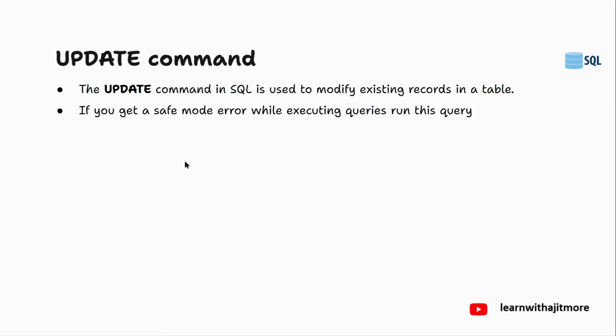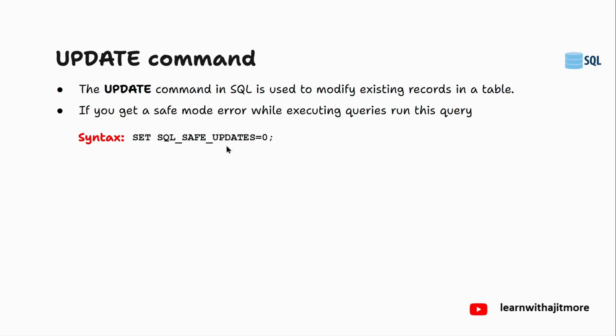It is enabled by default. And as it is enabled, it doesn't allow you to directly do this update. So you have to disable that. And in your machine, if you don't get the error, it is possibly already disabled. So if you get a safe mode error while executing queries, which query? This update query. Then give the command below.